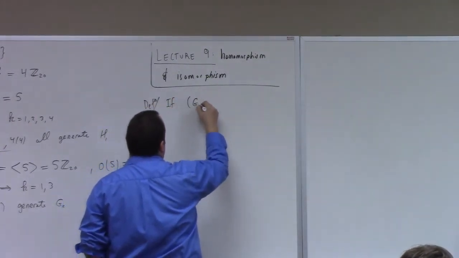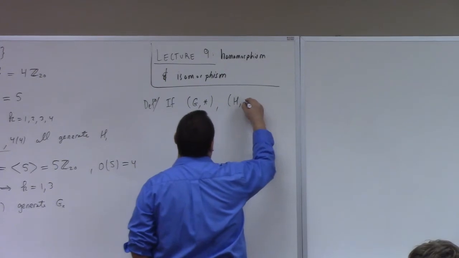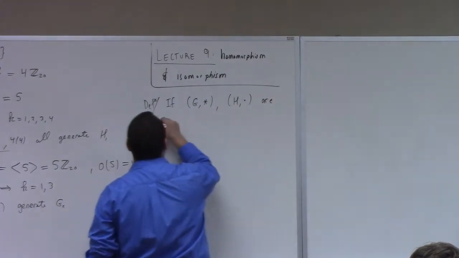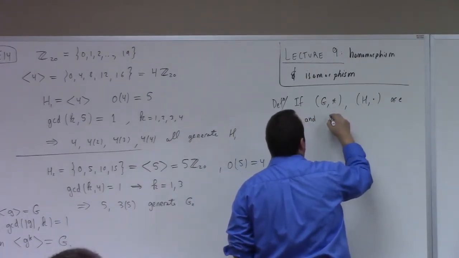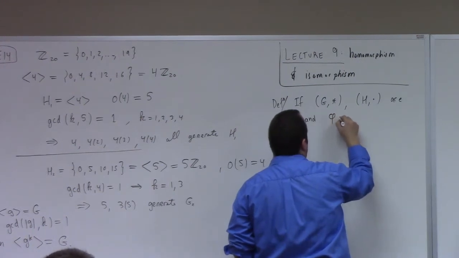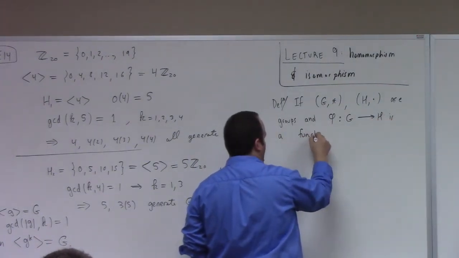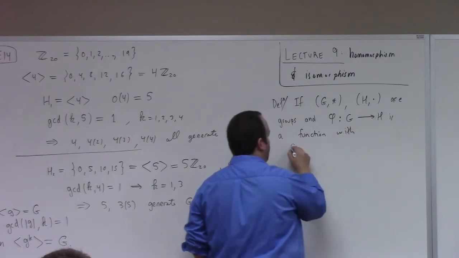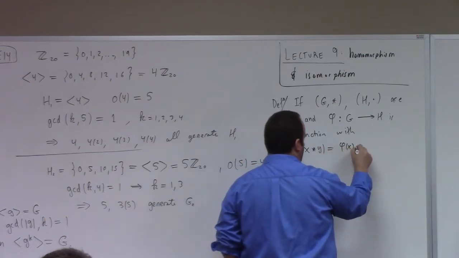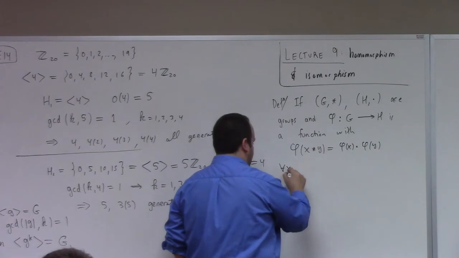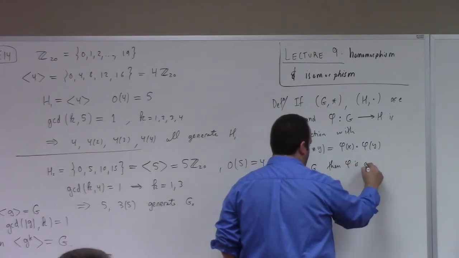Let's say (G, star) and (H, dot) are groups, and let's say phi going from G to H is a function with phi of x star y being equal to phi of x dot phi of y for all x and y in G. Then phi is a homomorphism.